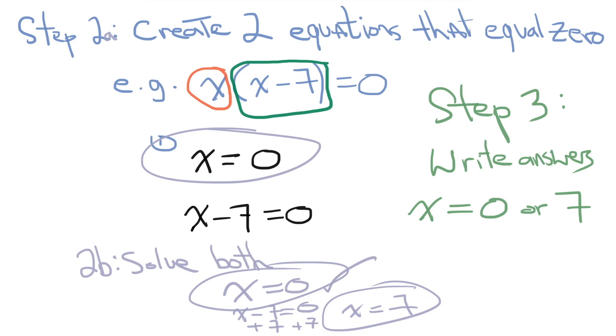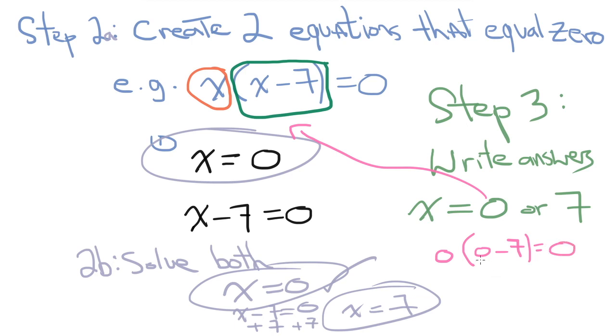Okay, and why is that? Well, I'm glad you asked that. Let's get a really cool color. Hot pink. Let's say x was 0, just for fun. So imagine x was 0, and I just put 0 there. It would say this: 0 times 0 minus 7 equals 0.